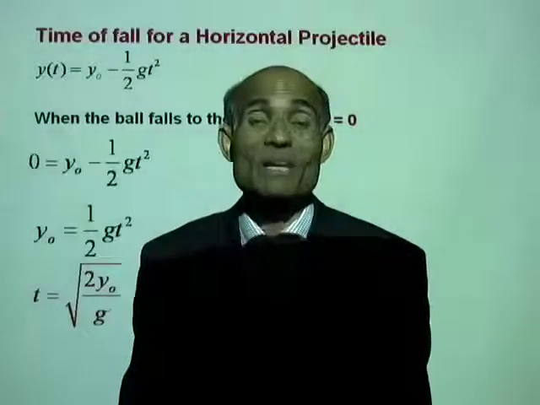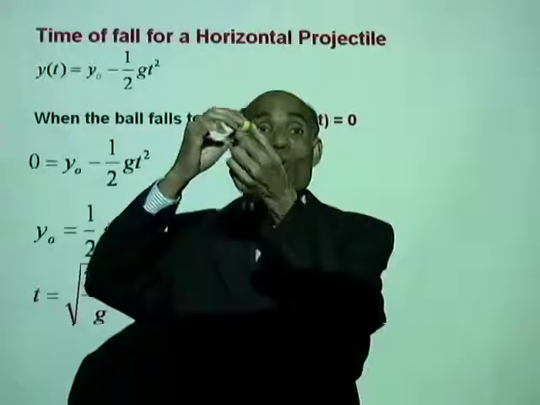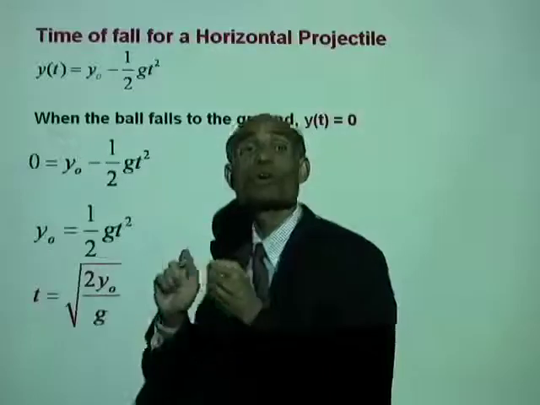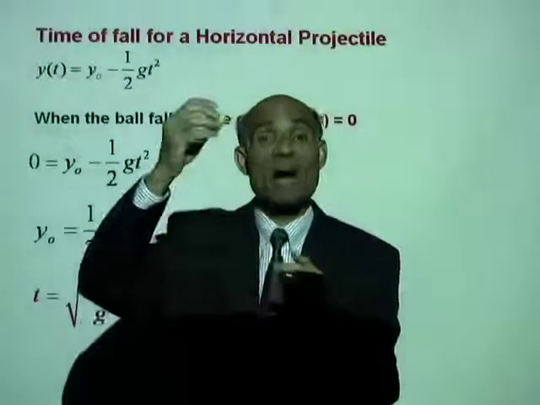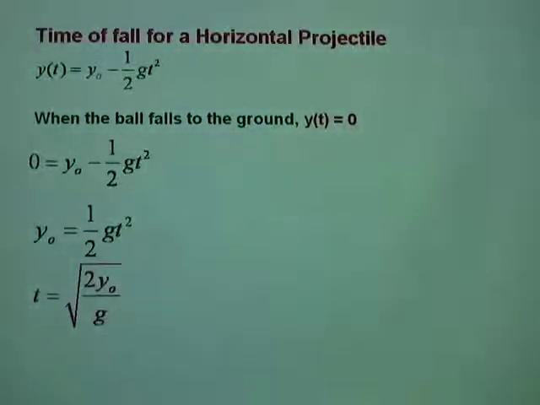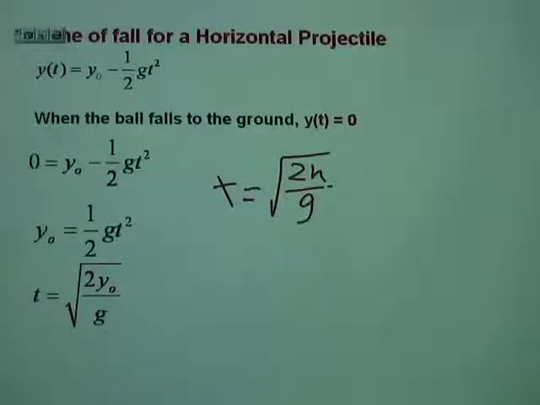Now, that means if you project a ball from a height h, in other words your y0 is h, then the time taken by the ball to fall to the ground will be the square root of 2h over g. Well, that is a very useful equation to remember.